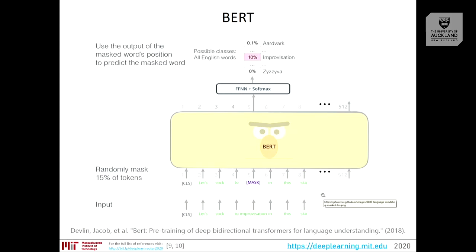Let's say on the internet you can scrape a large amount of text, right? It's easy. So this is a sentence that has been scraped from a corpus: let's stick to improvisation in this skit. What they do is randomly mask a word. Now you don't have this word here, right?